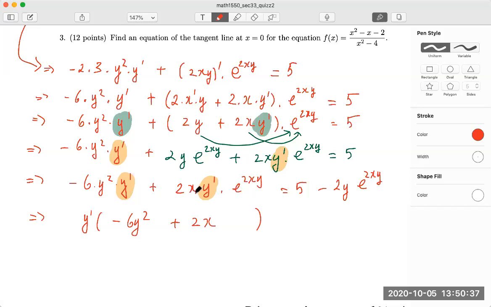The product. If we take y prime out of the parentheses, then 2x is left. And yeah, so we should be very careful right here. And the right-hand side is nothing new. Right, very good.